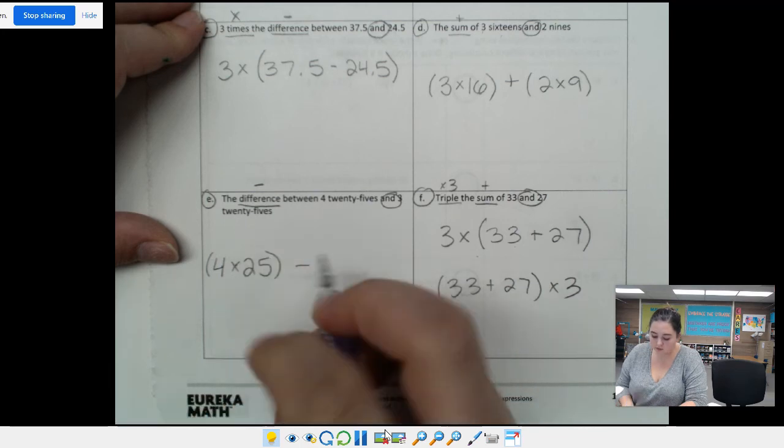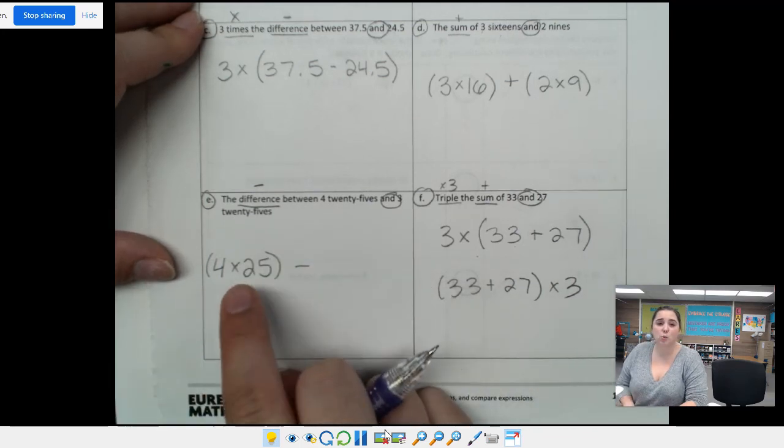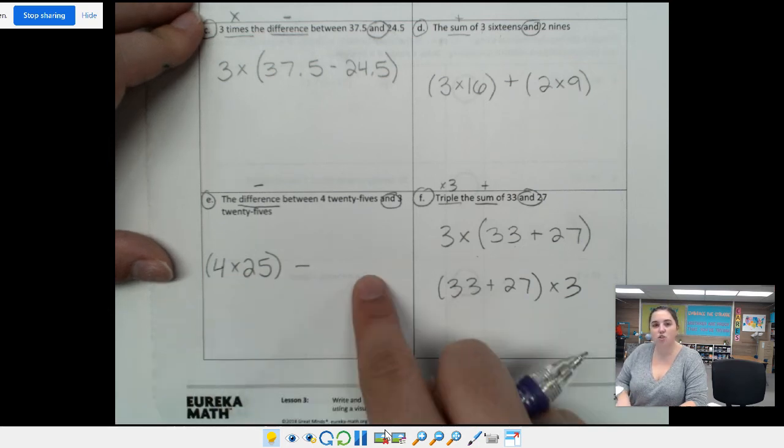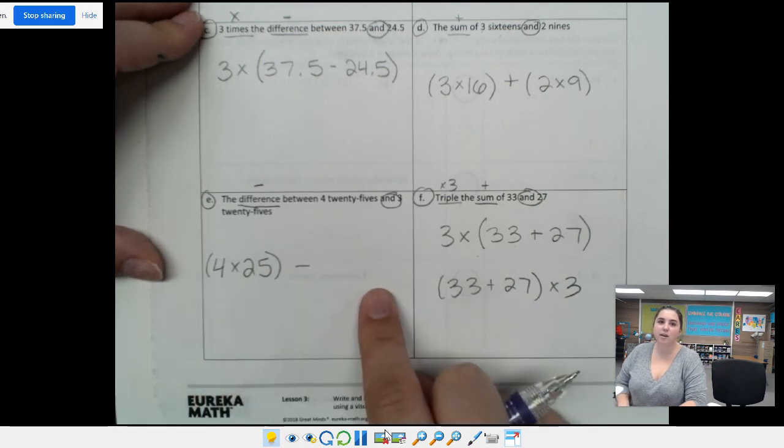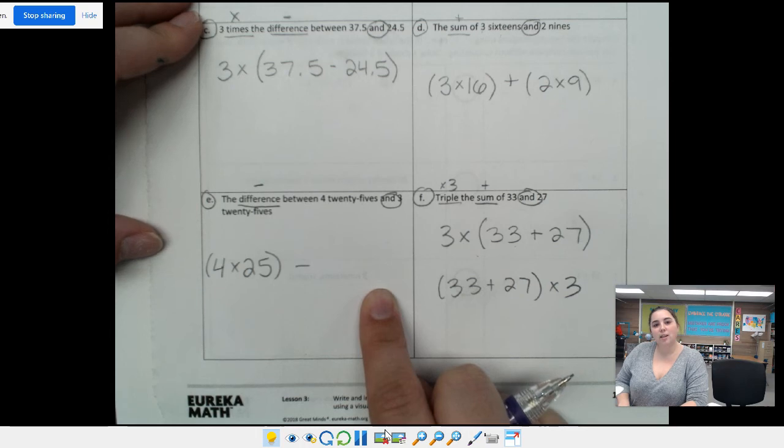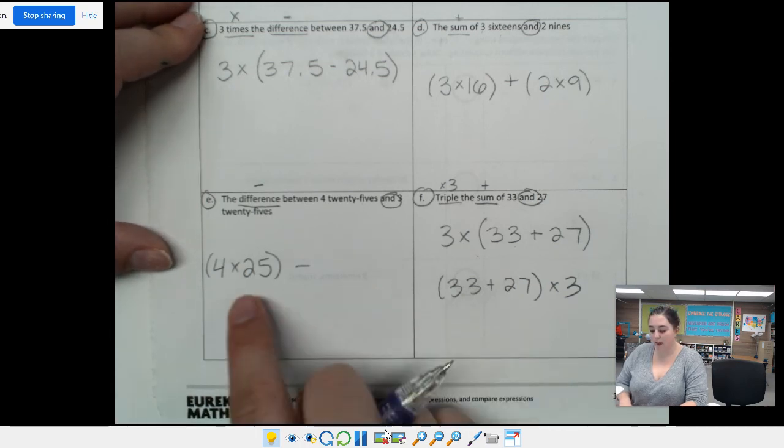There we go. There's 4/25, and it matters that this one comes first. Like if this was 10 minus 2, that's different than 2 minus 10. One of them would be 8. 10 minus 2 is 8. 2 minus 10 would be -8. So it matters which order.